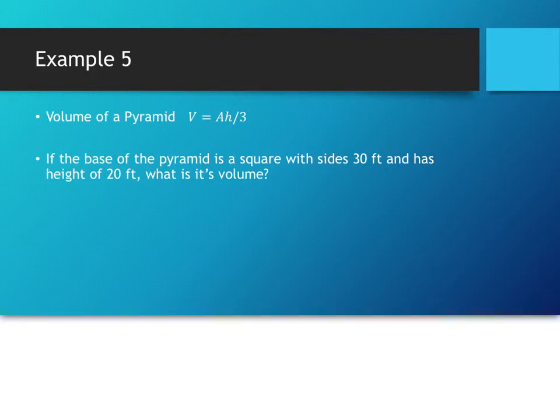So anyways, we have this formula. The base of the pyramid is a square with sides 30 feet, and it has a height of 20 feet. What's its volume? A good place to start always is to draw what's going on. We have a square base. I'm going to draw it in 3 dimensions, so I'm going to make it look like this, and then we have some peak here.